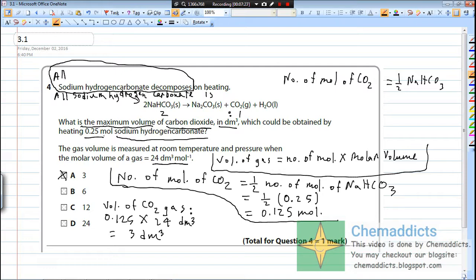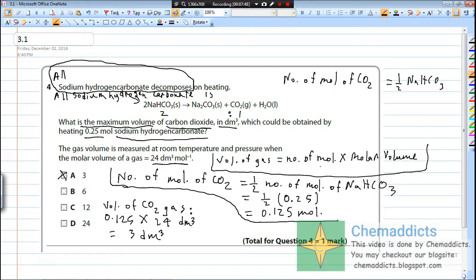Since all sodium hydrogen carbonate is being decomposed, this would correspond to carbon dioxide by the ratio 2:1, where the number of mole of carbon dioxide is half the number of moles of sodium hydrogen carbonate.